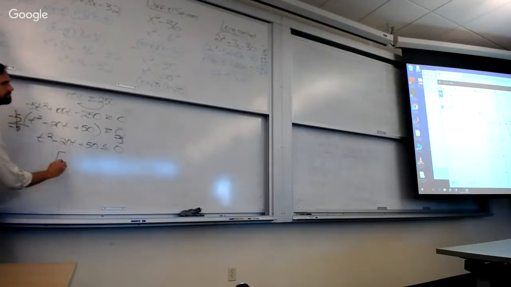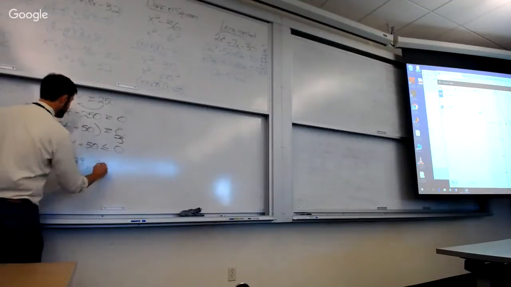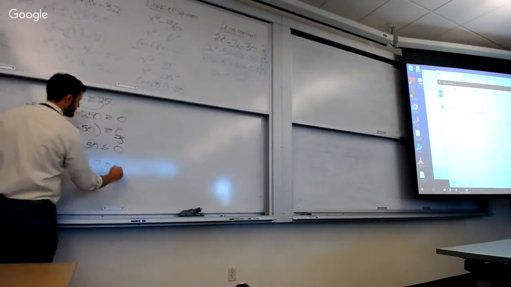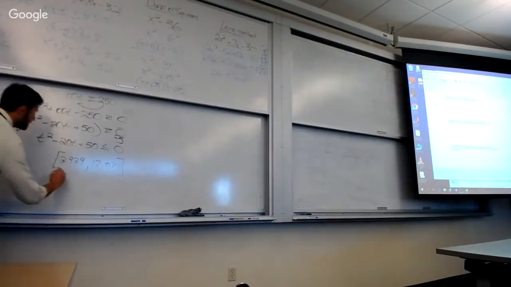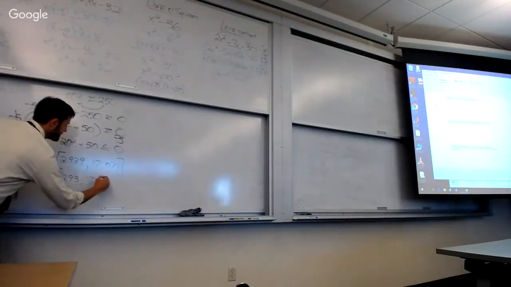Between 2.929 and 17.071. It says round to 2 decimals, so let's double check. Yes, 2 decimal places. So the actual answer would be between 2.93 and 17.07 seconds.